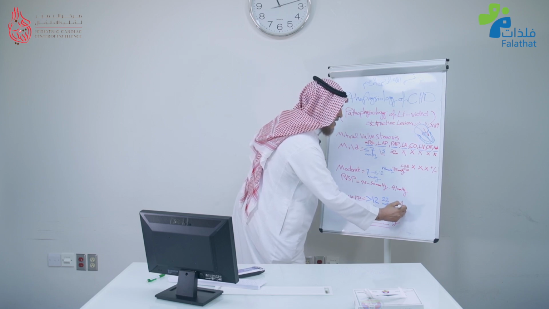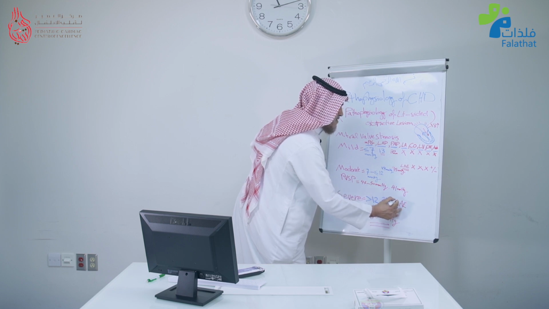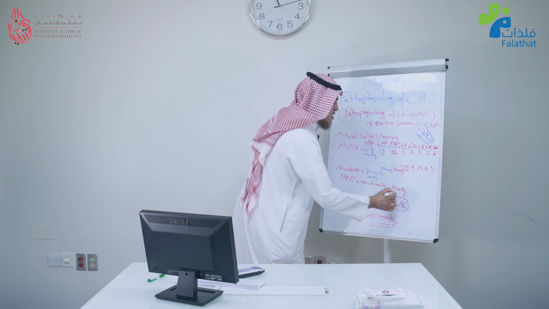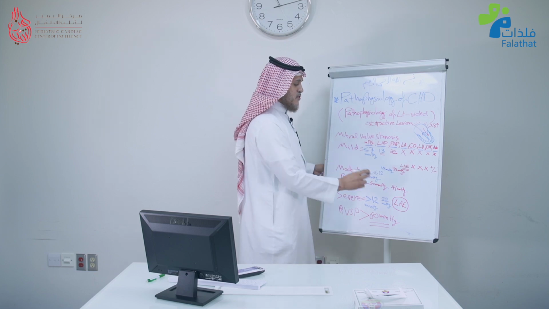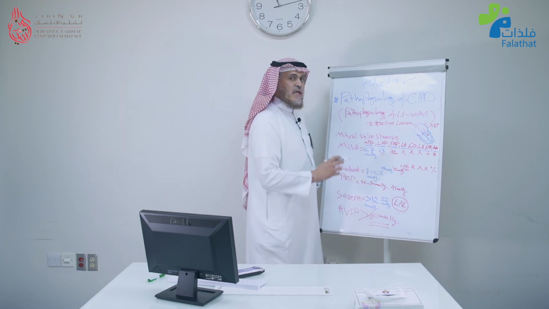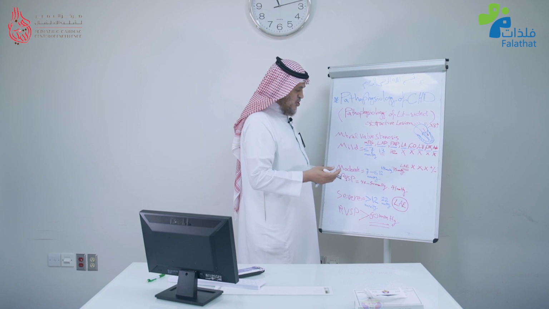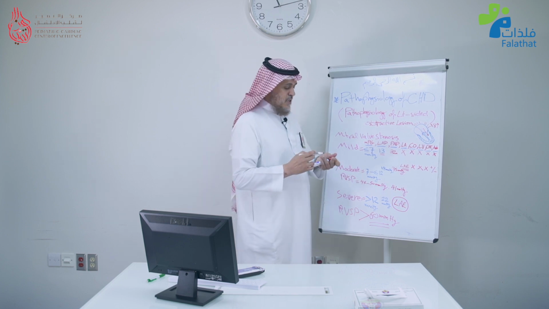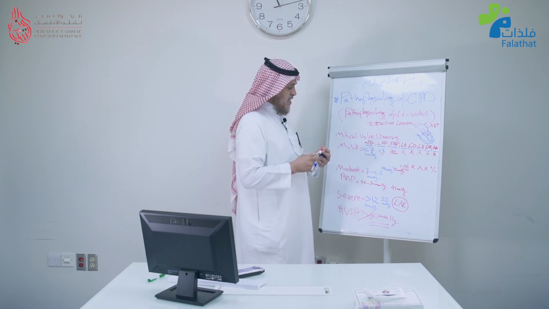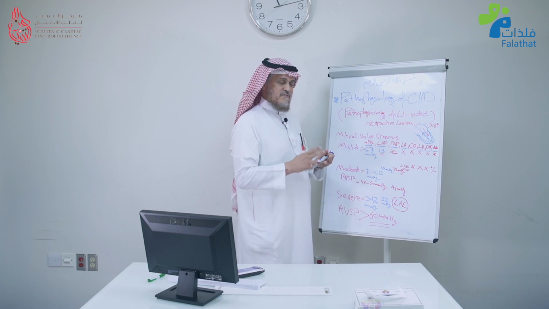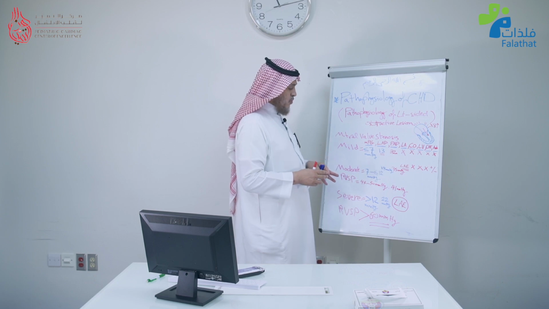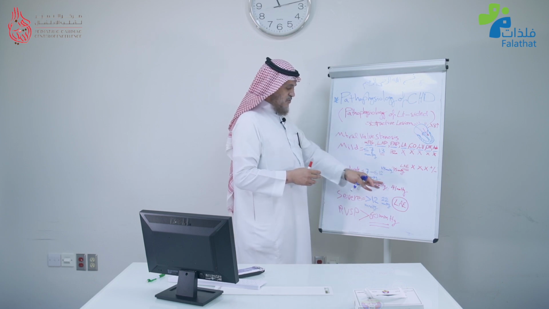So left atrial dilatation is a main pathophysiological effect that we see in severe mitral valve stenosis, and it's going to be at least moderate, if not severe. And how do we judge? By measurement, and we compare it to what is expected normal for body weight and surface area, and we will know whether it's mild or moderate or severe enlargement.